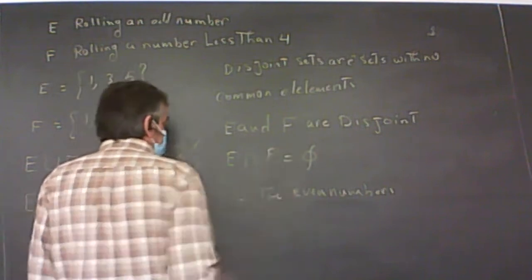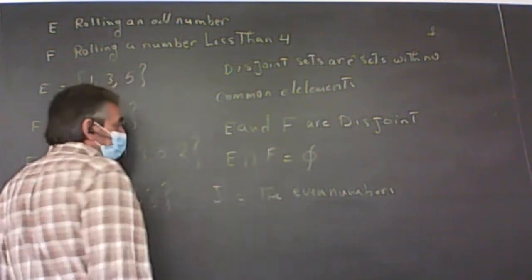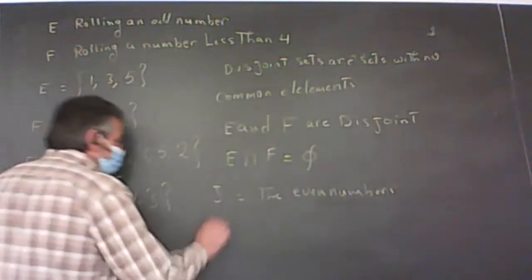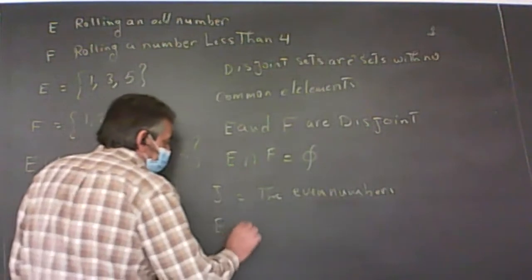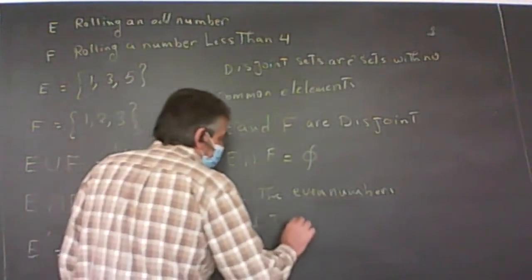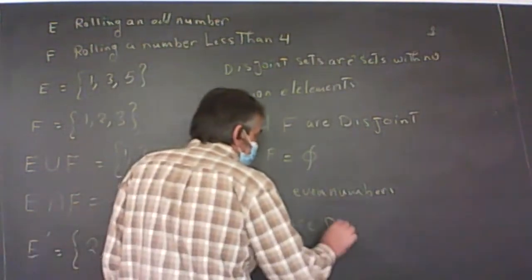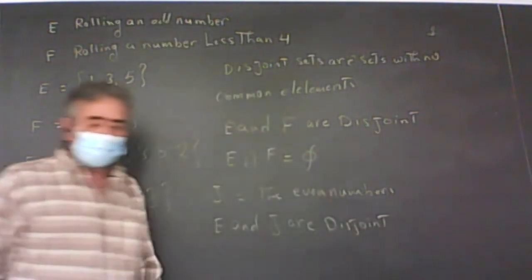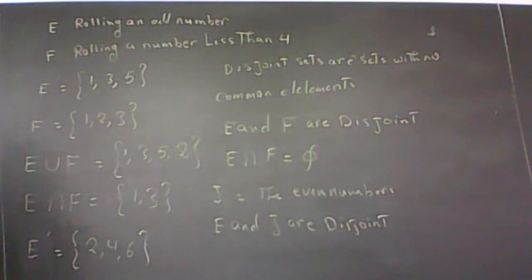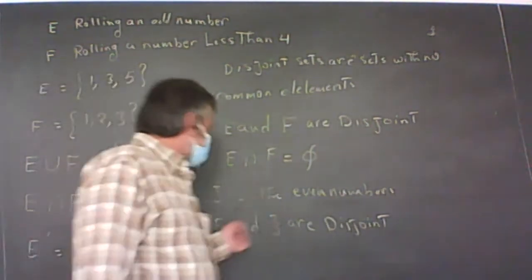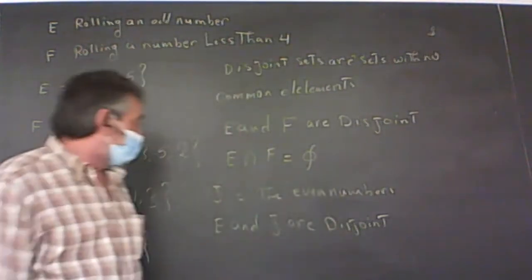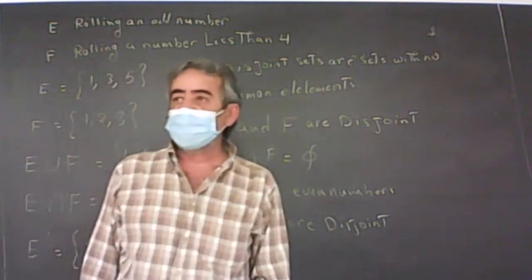Let J equal the even numbers, right? Then we know E and J are disjoint, because E is the odd numbers and J is the even numbers.